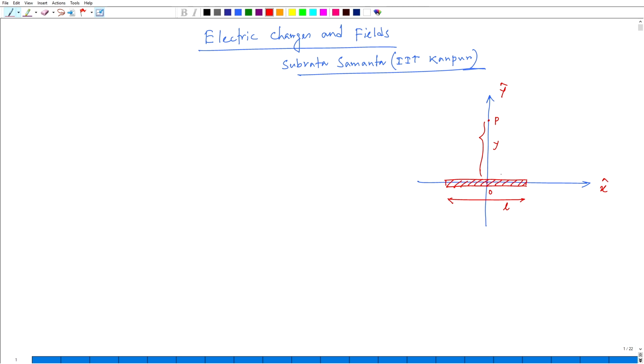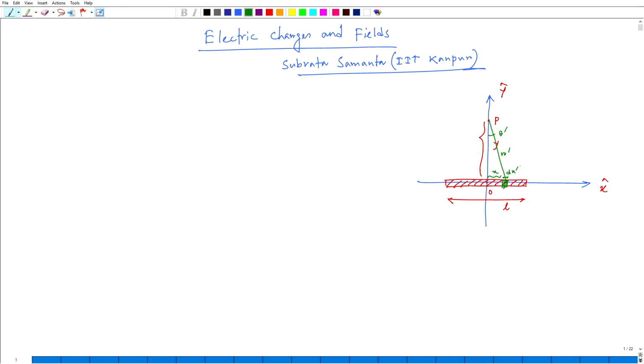Now we consider a small strip on the rod. The angle from the y axis is theta prime, the distance is r prime, this one is x prime, and the length of the strip is dx prime.